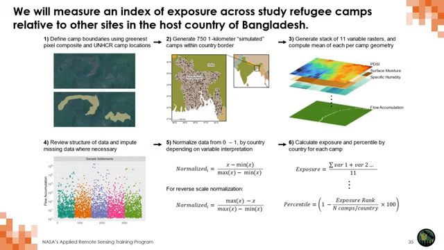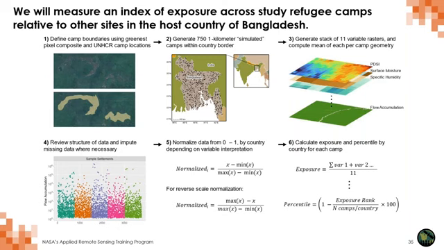So as we've referenced before, we'll be walking through one potential methodology for indexing environmental and climatic exposure. And so we are going to follow essentially a 6-step process to calculate the index. This is our high-level overview of the steps that we'll be taking after here. So the first step is really dependent on the area of interest.